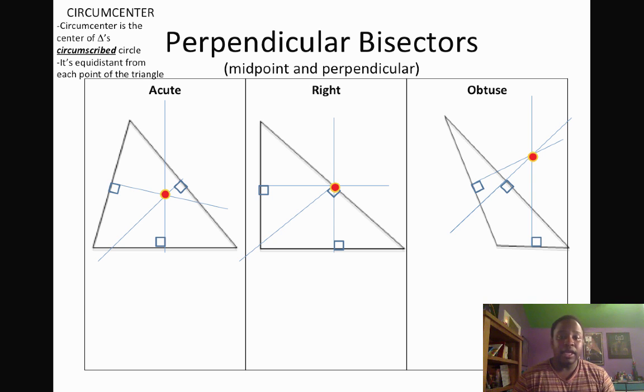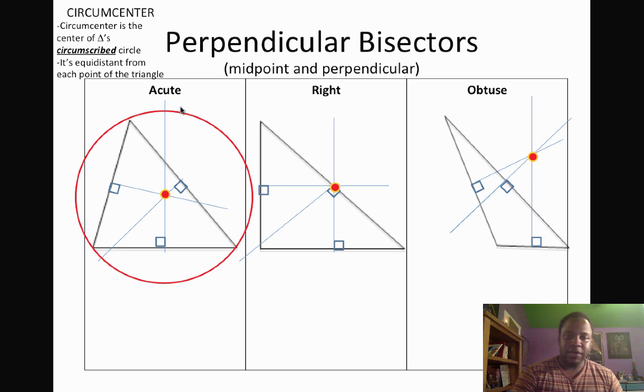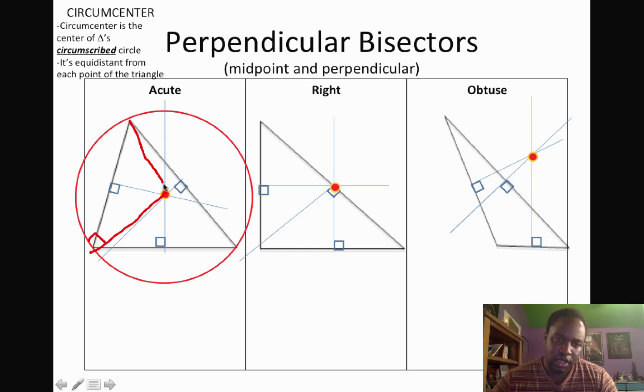Now, the other thing is that the circumcenter is the center of the circumscribed circle. So here is the circumscribed circle, and what we can do is draw a line, and that's equidistant. I can draw a straight line, equidistant.